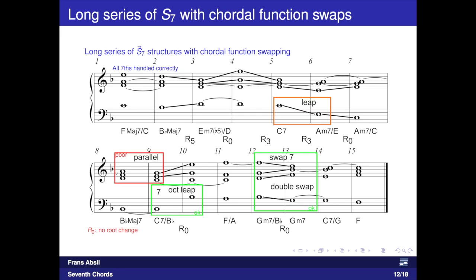There are two weak voice leading spots, which are the doubtful leap to the second inversion chord A minor 7 with E in the bass in measure 6, and the poor parallel triads in the upper parts in measure 8-9. The ascending octave leap of the 7, the pitch B flat in measure 9-10, followed by the step in the opposite direction is considered acceptable.